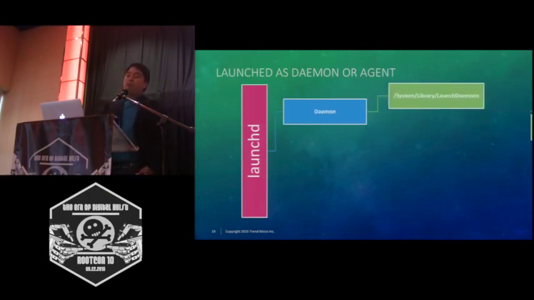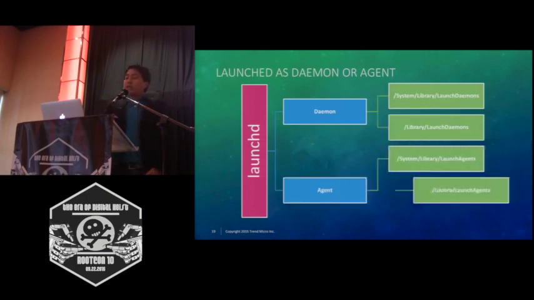The difference between daemons and agents is that daemons are processes that are not interactive and boot up prior to user login, but agents are processes which could be interactive, wherein users could interact with them, and are loaded after the user logs in.